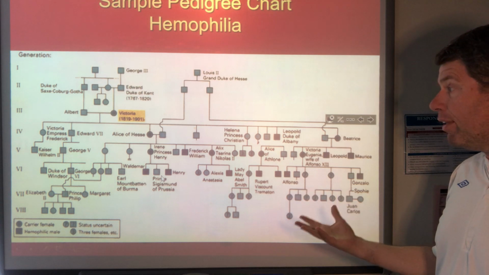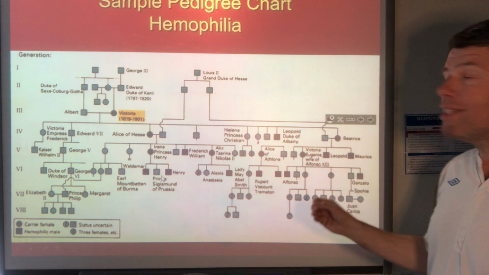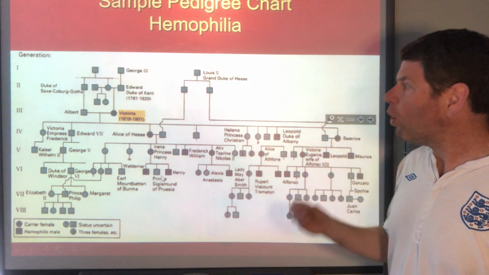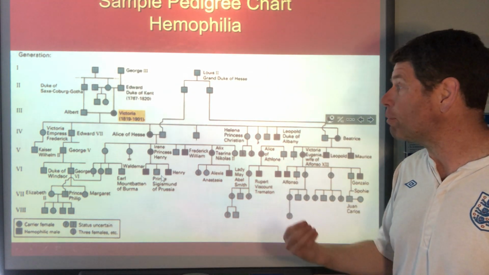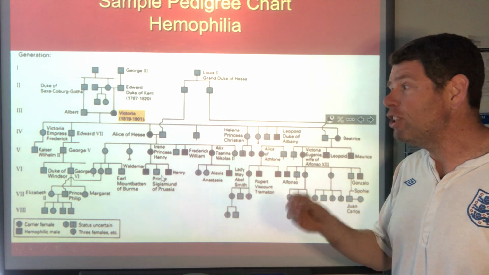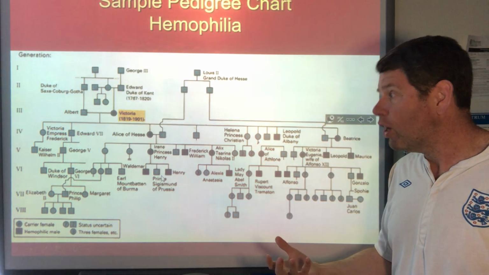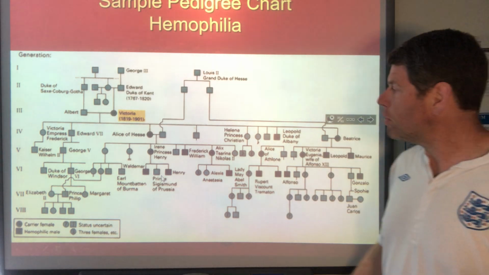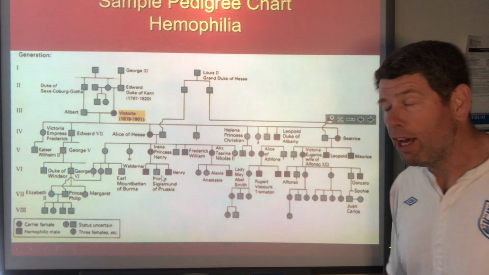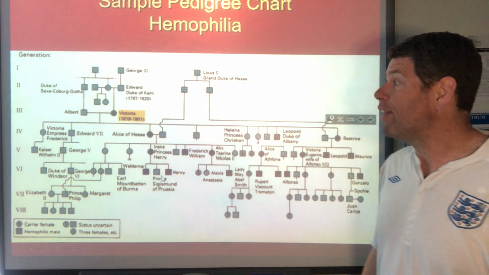Now, hemophilia is a recessive disorder, but it's also what we call a sex-linked disorder, which we're going to be looking at in the next chapter, which will tend to affect males more than females. If we studied the chart, if we had time to do that, we would see that there's many more males affected with hemophilia than females.